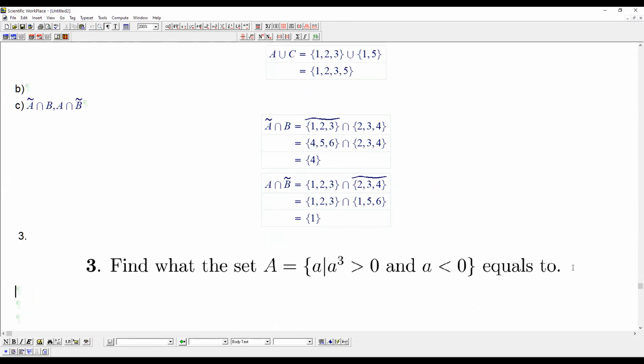Find the set A equals A such that, oh yeah, so this was a bit different. In the old version, I used a colon, I think. But the vertical bar is what they use in the book, so that's what I want to use.